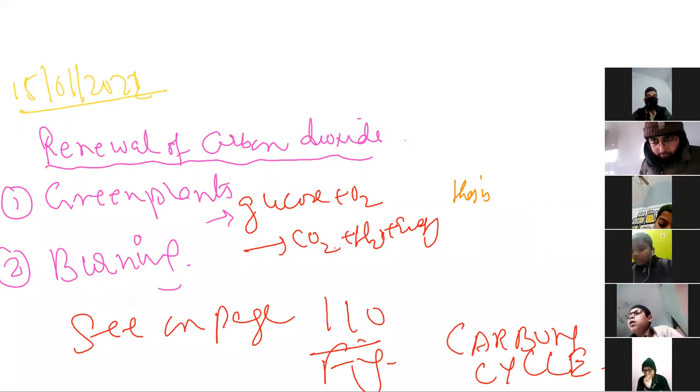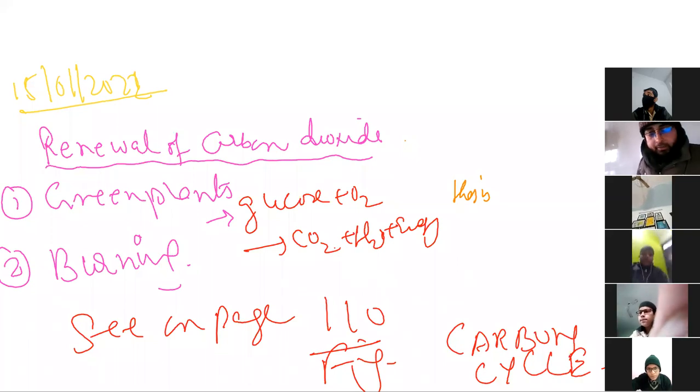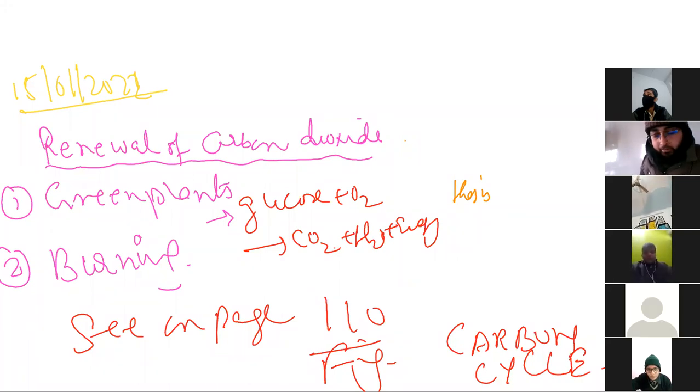If we burn the fuel, the carbon dioxide comes to the atmosphere, and by respiration in plants and animals, the glucose is broken down by the oxygen, and carbon dioxide is released. And in photosynthesis, carbon dioxide is used to form glucose. Okay, in this way it is back to the atmosphere, and another way is burning.